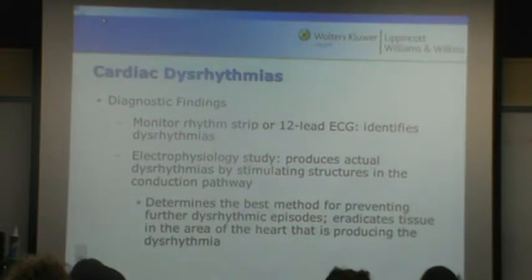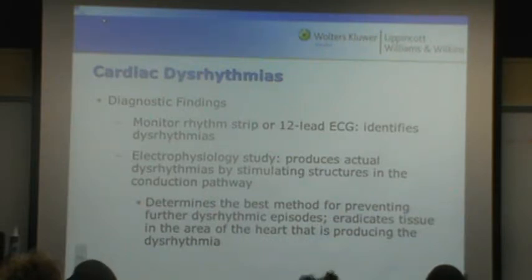And basically, there are several different ways that they can treat that, but it can help prevent having these dysrhythmic episodes. For example, people that have SVT, if it's one of those issues where they have it on a regular basis and it's not able to be controlled with medications, then they will have this done, and basically they go in, they stimulate the portion that's causing SVT.